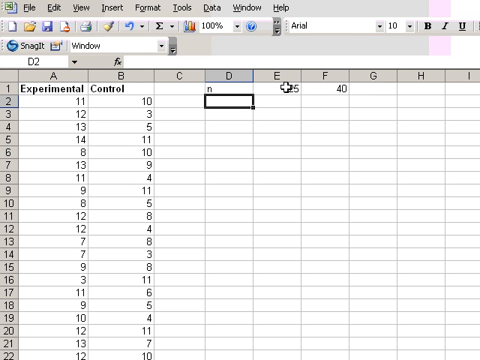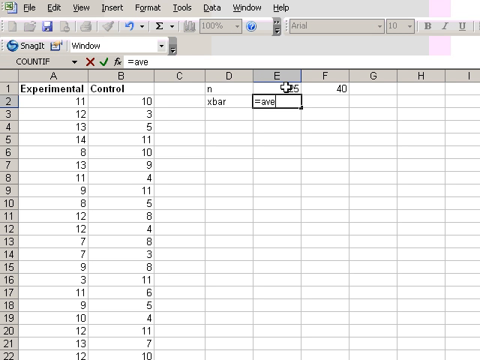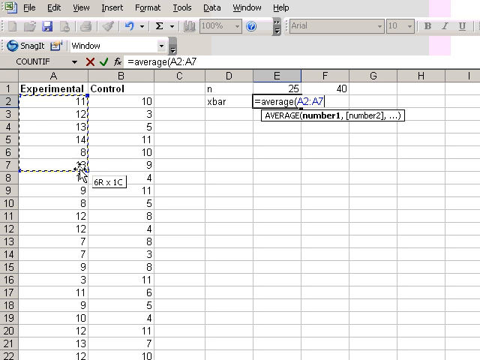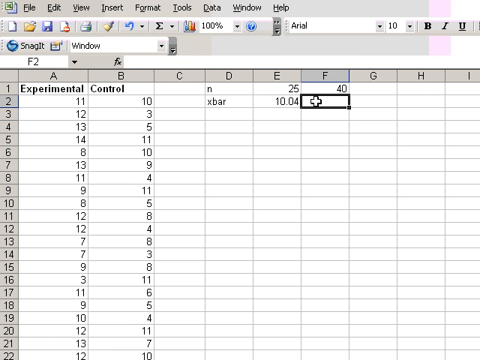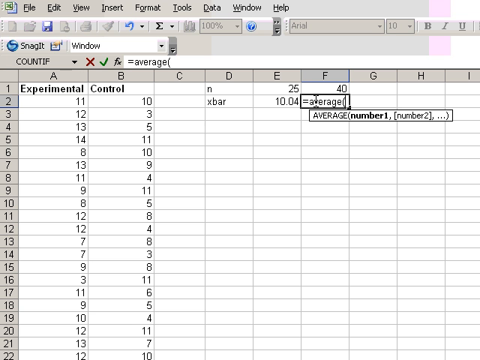Then we're going to get x bar for each group, equal average for the experimental group, control shift down arrow, and equal average for the control group, control shift down arrow.